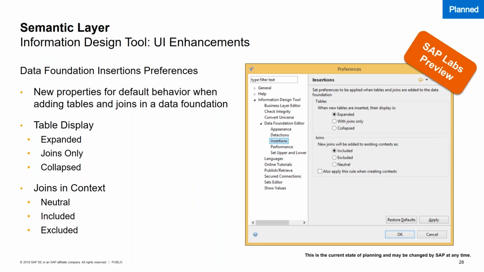The way the join works: does it have to be neutral, included by default, or excluded by default? This kind of default behavior can be fine-tuned in the IDT preferences. You decide the way you prefer them to behave. Once you validate this, when you add a new table or a new join, you get the new default behavior.